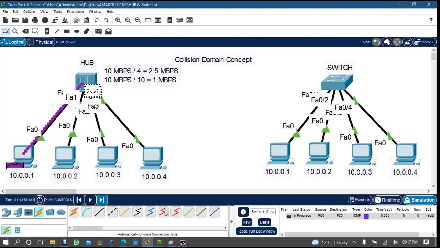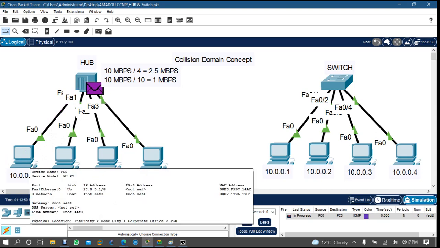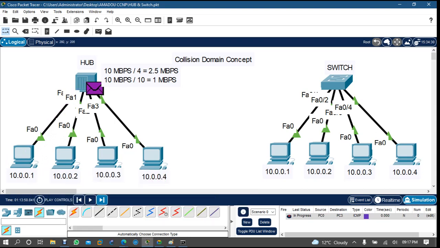When it goes to the hub, why this time has this PC not generated an ARP packet? It directly generated the ICMP packet, because it already knows the MAC address.